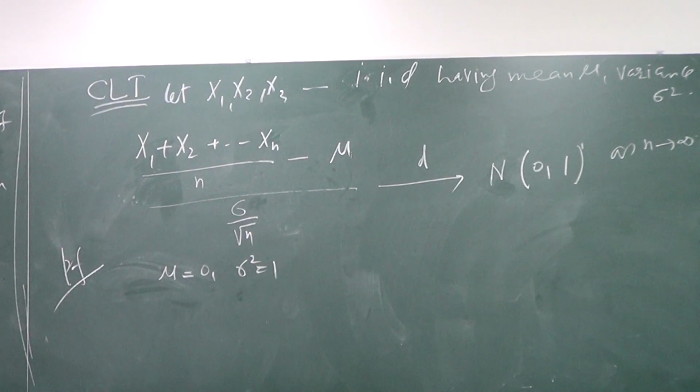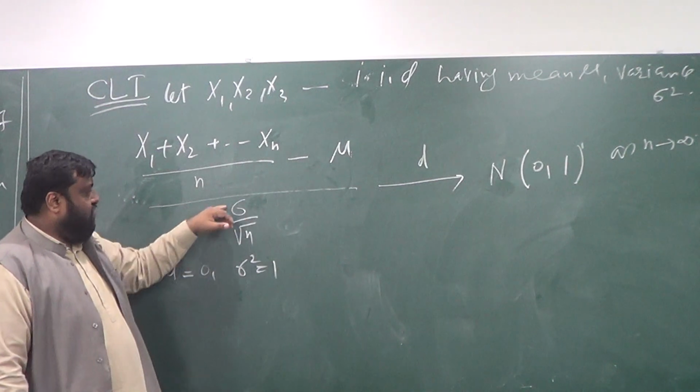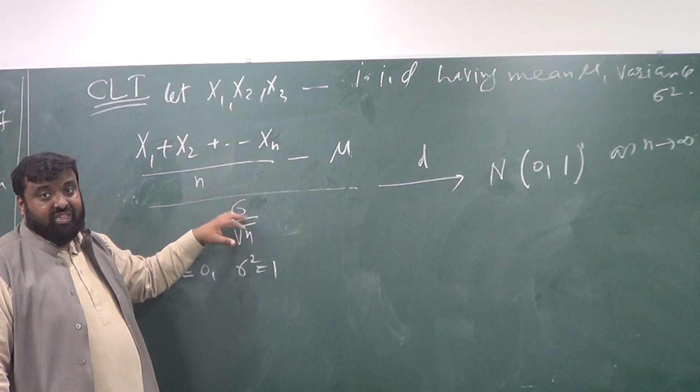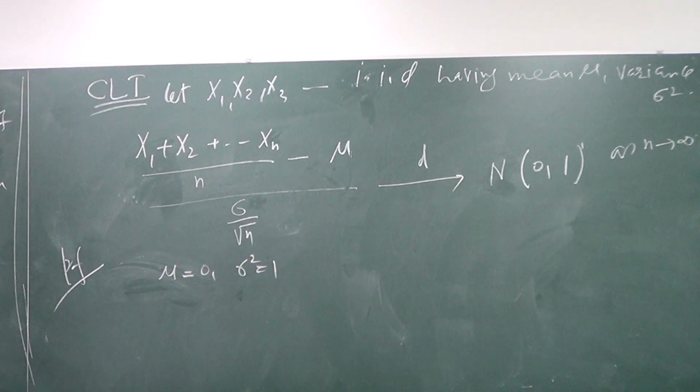In other words, what I want to show is that the average minus 0 over 1 over the square root of n is converging in distribution to something that is normally distributed.